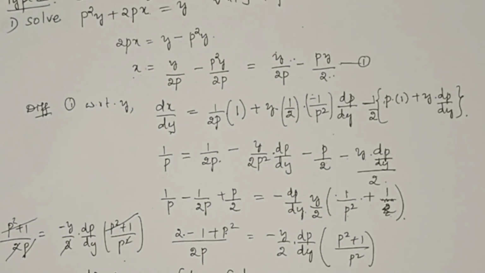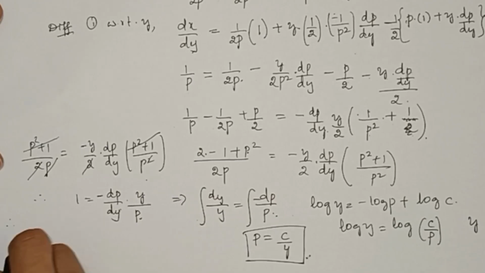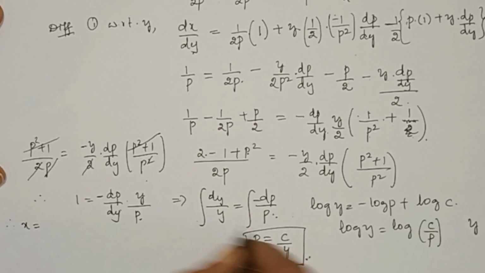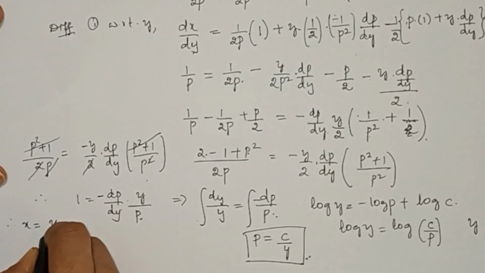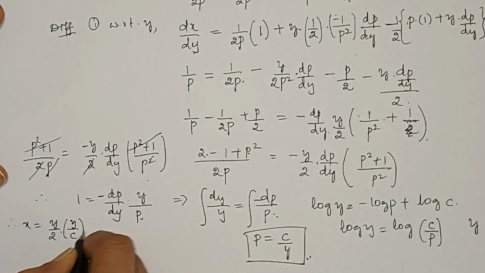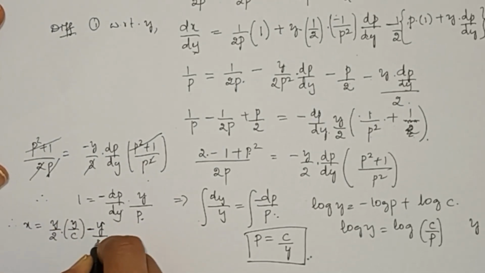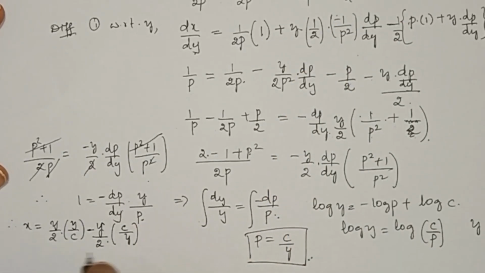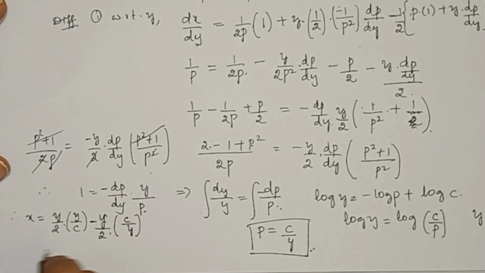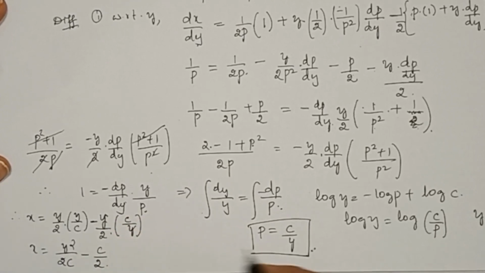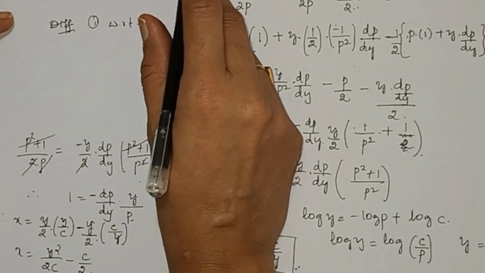So what you will get is, therefore I'll write here, x equal to, p is c/y, so y/2 into 1/p means y/c, minus y/2 into p, which is c/y. Now let us simplify this. It gives you x = y²/(2c) - c/2, since y cancels. So the equation was solvable for x.